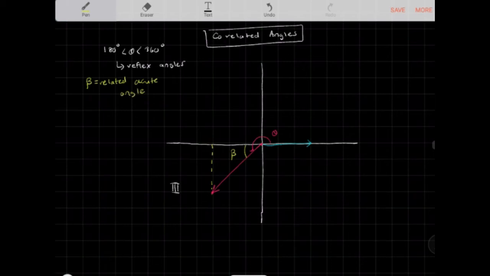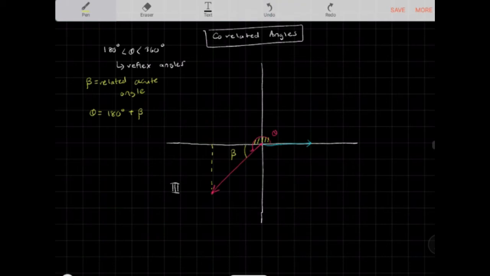And if you wanted to identify your reflex angle theta in terms of beta, you can write theta as 180 degrees plus beta. So 180 degrees would basically mean all of this. If you add 180 degrees plus beta, then you will get theta.